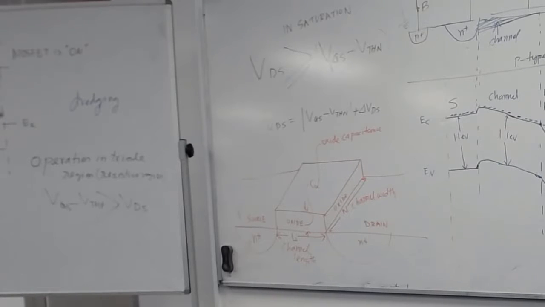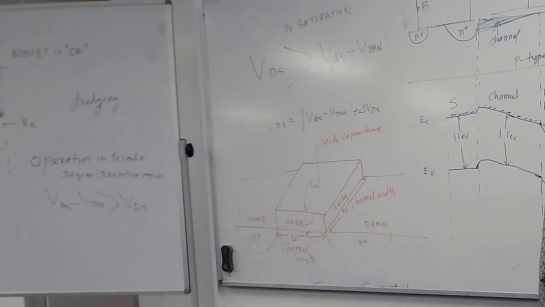I'm coming to a simplification. I'll change to K. So in mu n C oxide W by L, what we do is that there is a quantity, mu n C oxide W by L divided by 2.